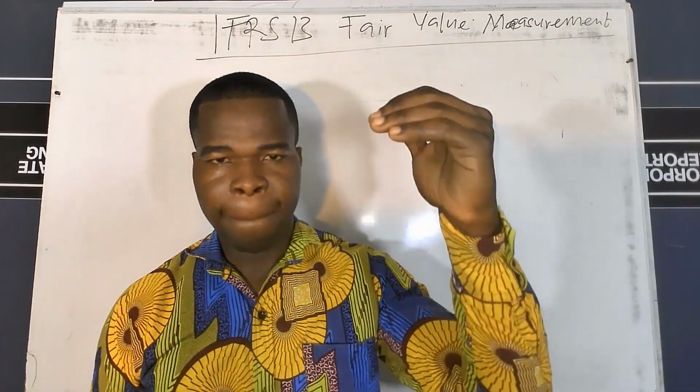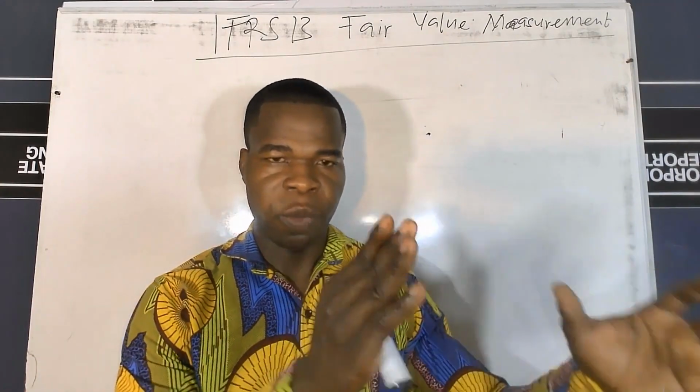Once we have understood all the things that go into the definition, we want to look at how to measure fair value. So now our focus is setting the framework to measure fair value. Anytime an entity wants to measure its assets or a liability using the fair value model, that entity must make use of what we call observable market transactions.